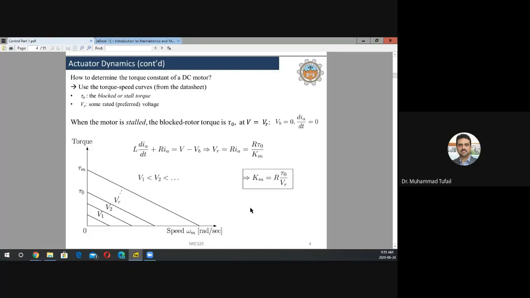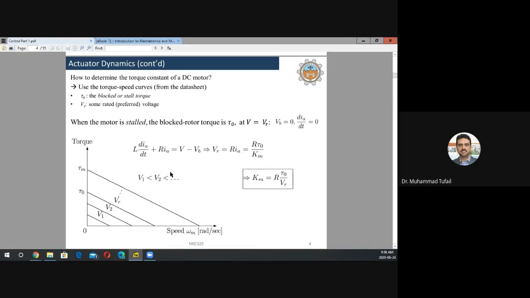And from this notation you can also derive the torque constant: Km is R times T0 over VR. This expression relates the motor torque constant with the rated voltage.